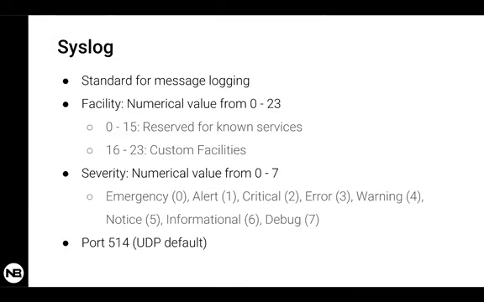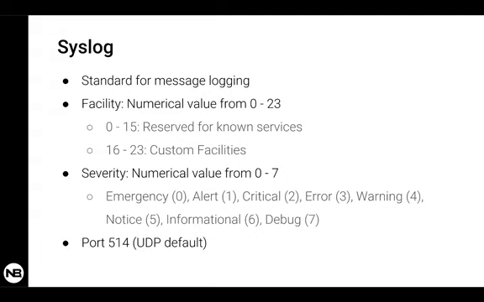So these are for custom applications. If you're developing your own application, or even for NetBeez, you can use any of those 7 facilities, and that's a good way to recognize messages logged by a specific application or service, and in this case it is NetBeez.